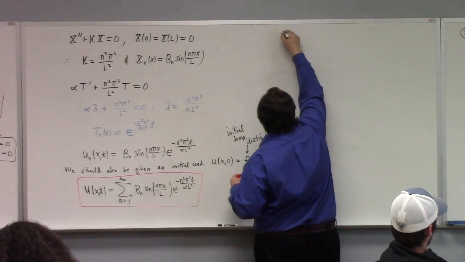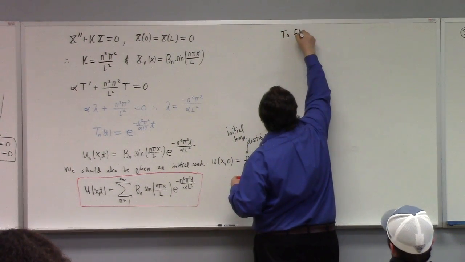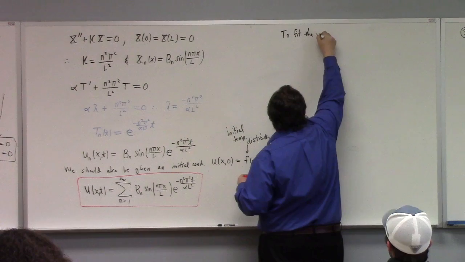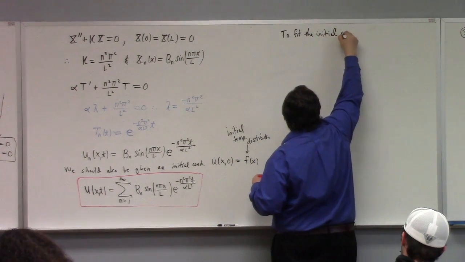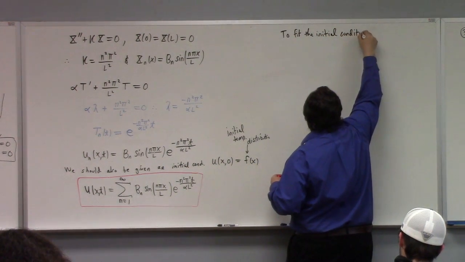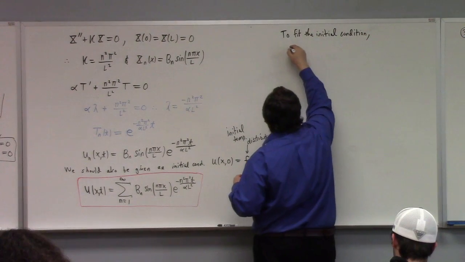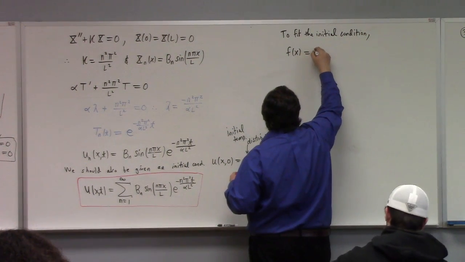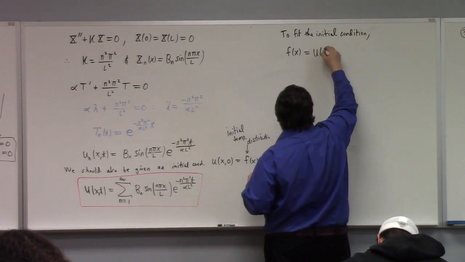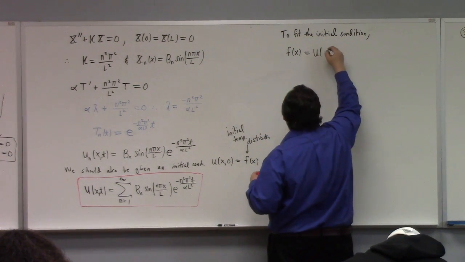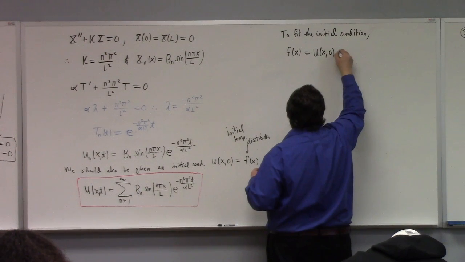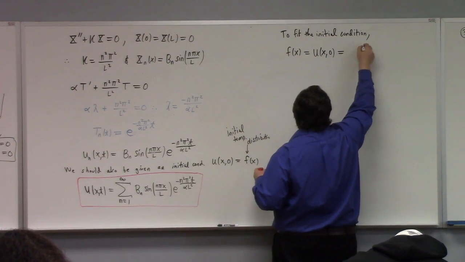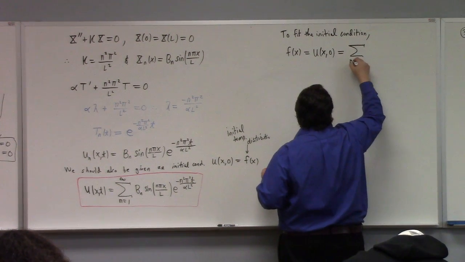So to fit the initial condition, we need f of x equal to u of x comma 0, right? But if I plug that into my handy dandy series, what do I got?